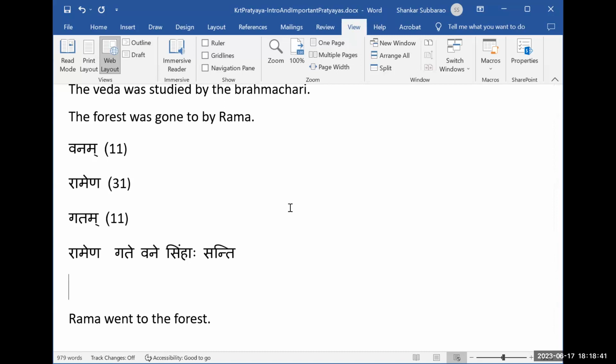Shailaja, you have something to ask? Swamiji, how do we understand the tense? Which tense? Tense of what? Gata. Okay. Look, you go back to the spreadsheet. The ta pratyaya is added in what sense? Which kala? Bhutakala.